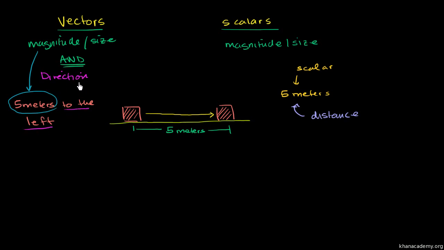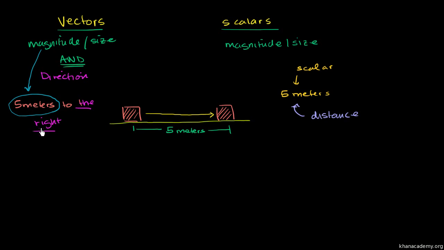Oh, sorry, it should be 5 meters to the right. Let me change that. So the direction it got moved is to the right. It started here, it went 5 meters to the right. So once again, the magnitude is 5 meters, and the direction is to the right.